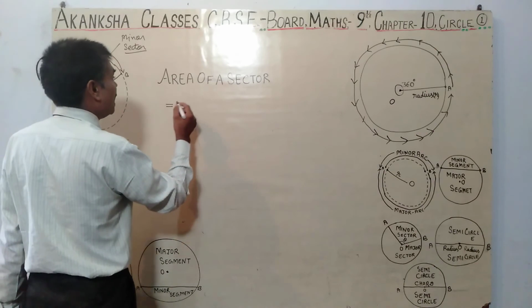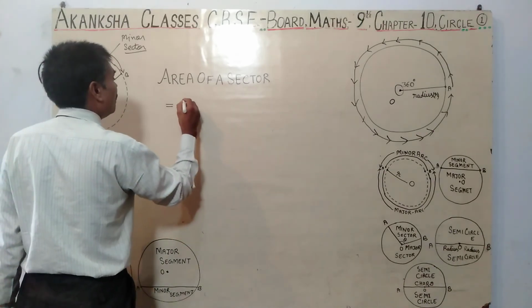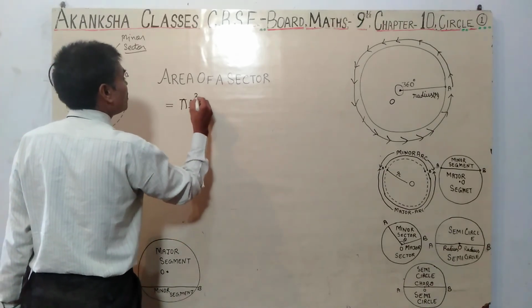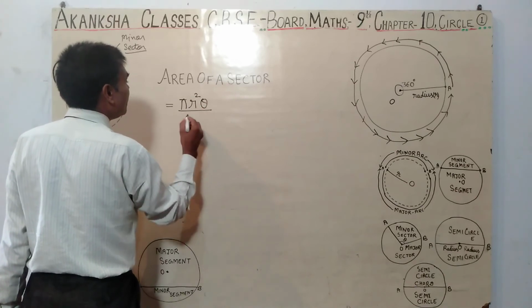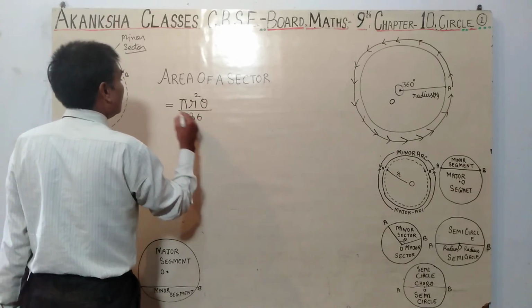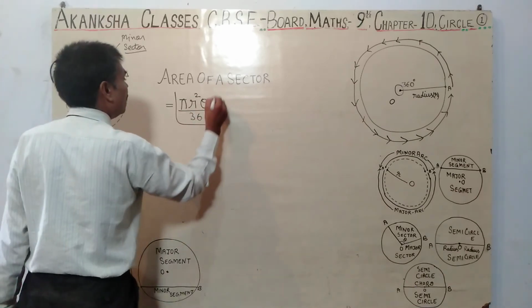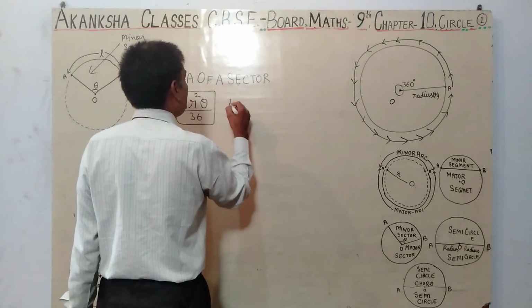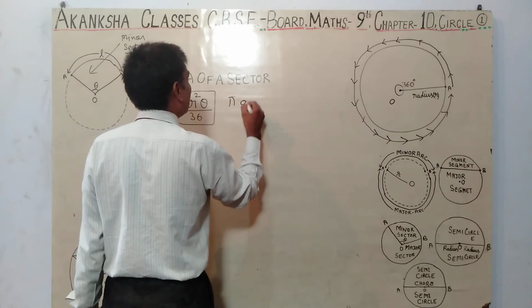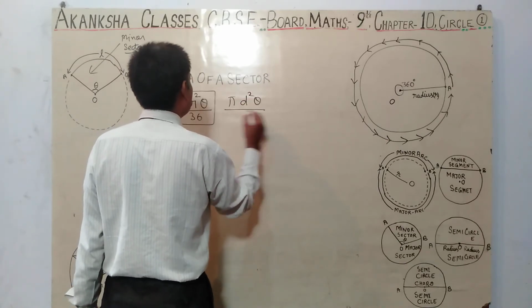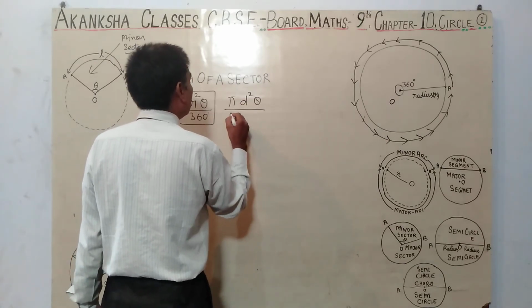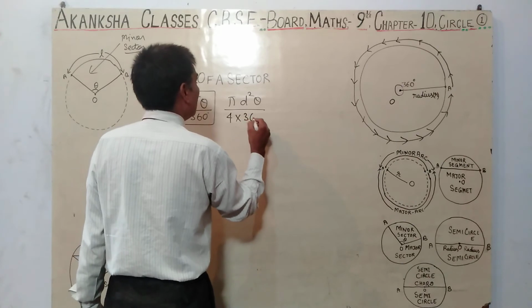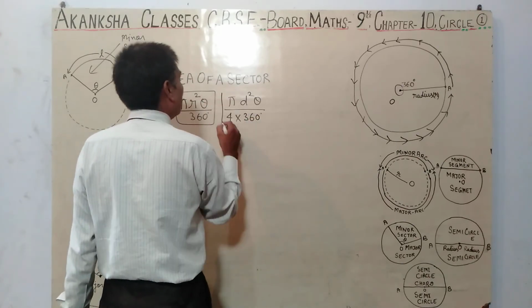times theta by 360. Area of a sector equals pi r square theta by 360, as well as if we put the value of radius in terms of diameter, we will get pi d square theta by 4 into 360 degree.